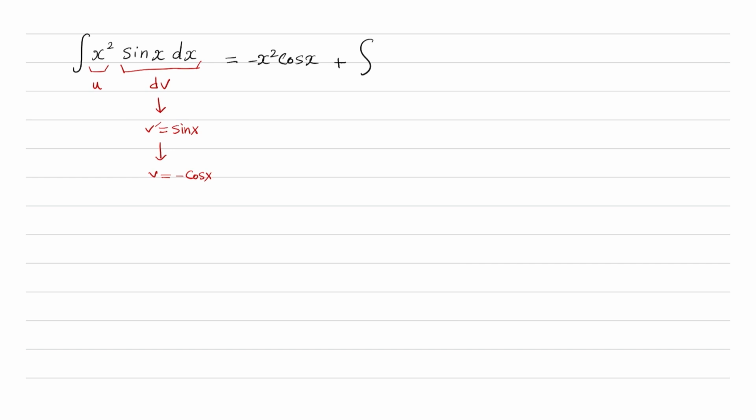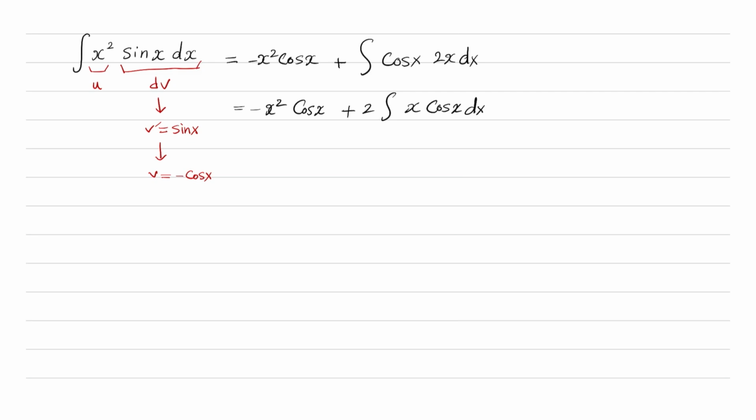So I'm going to change this minus to plus, minus cosine du. Well, the derivative of x squared is 2x dx. So we get minus x squared cosine of x plus 2 the integral of x cosine of x dx.